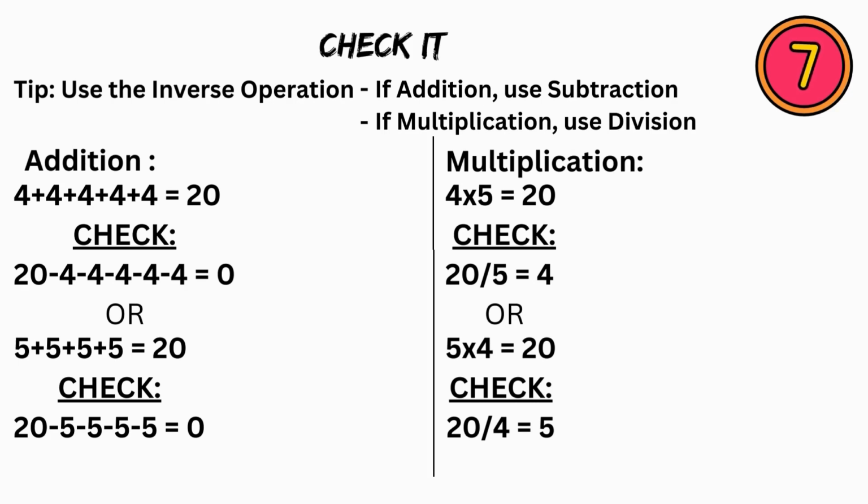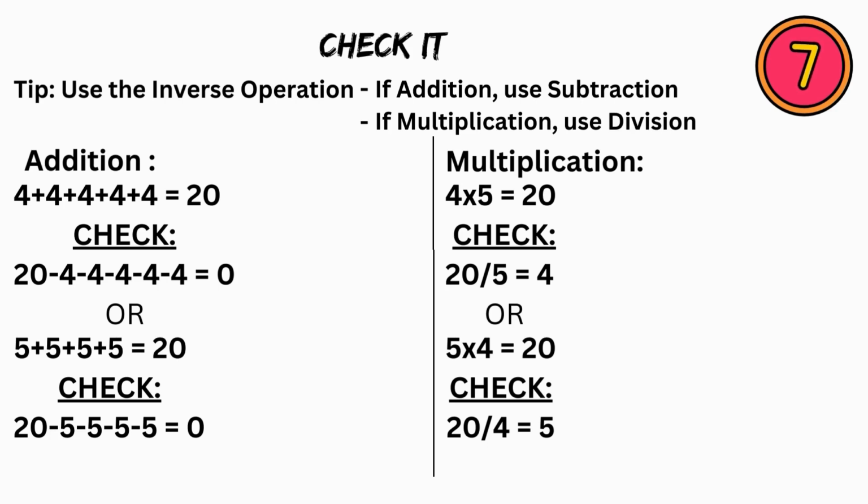So addition: 4 plus 4 plus 4 plus 4 plus 4 is equal to 20. Check: 20 minus 4 minus 4 minus 4 minus 4 minus 4 is equal to 0. These do match up. Or 5 plus 5 plus 5 plus 5 is equal to 20. Check: 20 minus 5 minus 5 minus 5 minus 5 is equal to 0. That is correct.